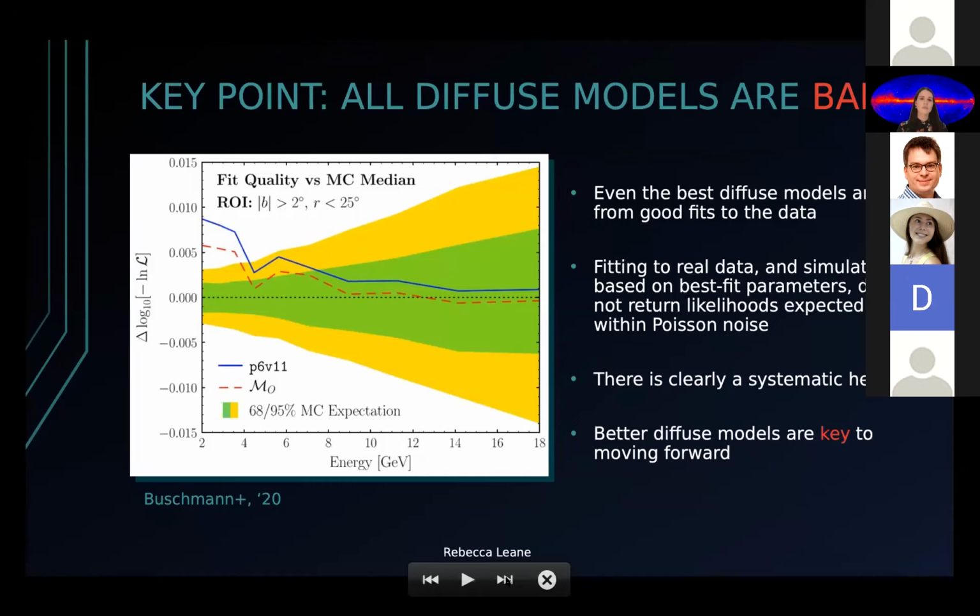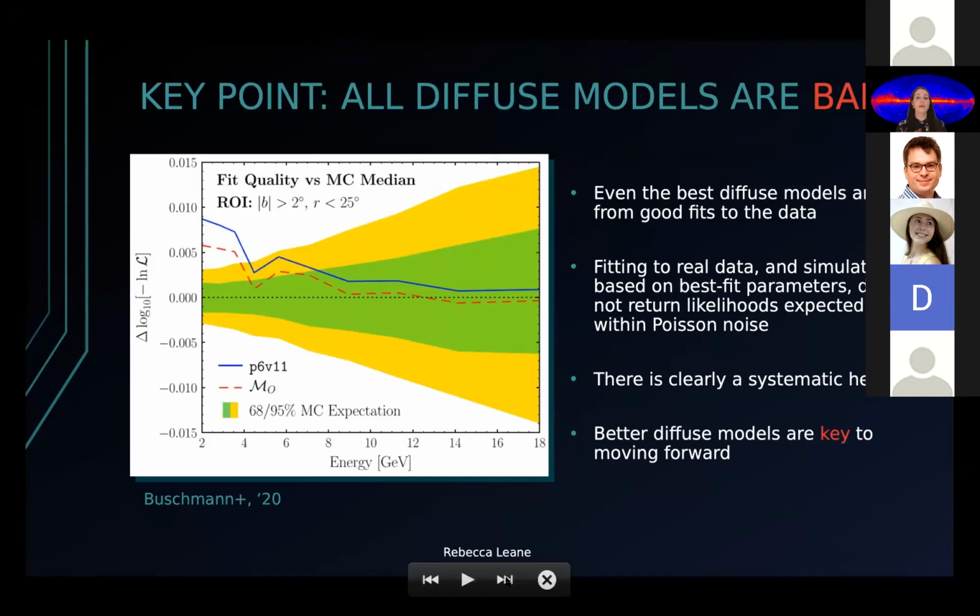You can see this in the figure on the left. What this figure is showing is that you take the best fit to the real data, even with what you think is a good, better diffuse model, and then you simulate your best fit values, and then you analyze both the real data and the simulated data. What you should get from the simulated data is what's shown within the bands. What you actually get when you do the real data is shown by this other straight line for 2 different galactic diffuse emission models.